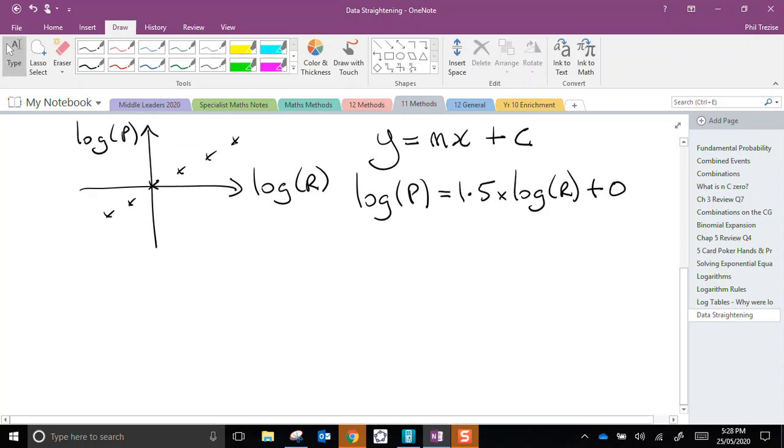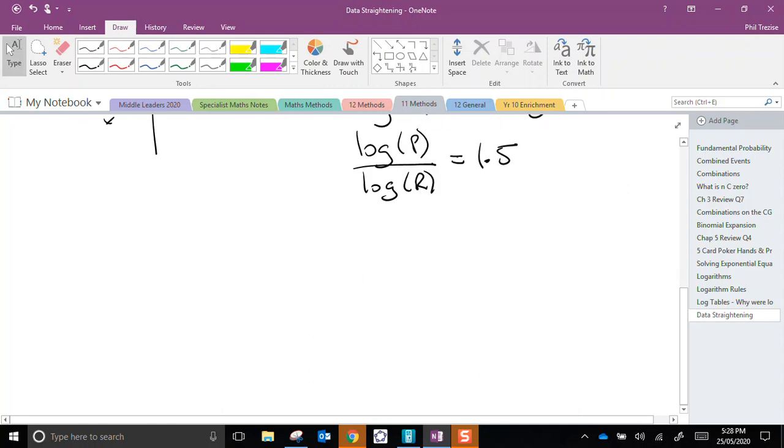Now, I could leave it like this, but I think we'll be better off if we neaten this up. So I'll go log P divided by log R equals 1.5. That's good. Then I could do change of base rule.